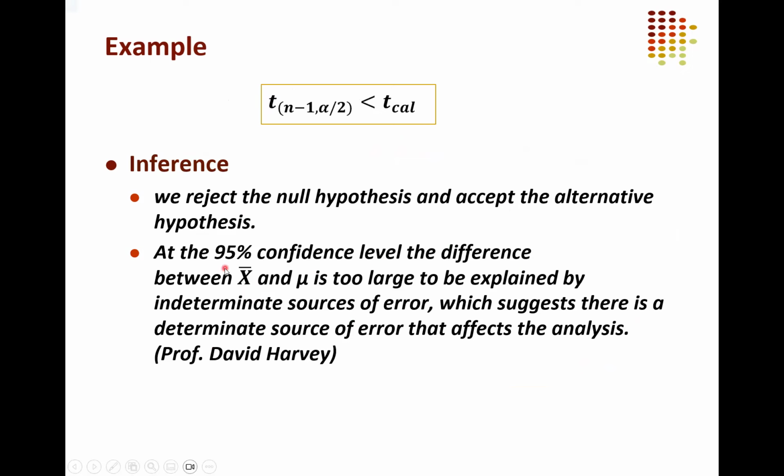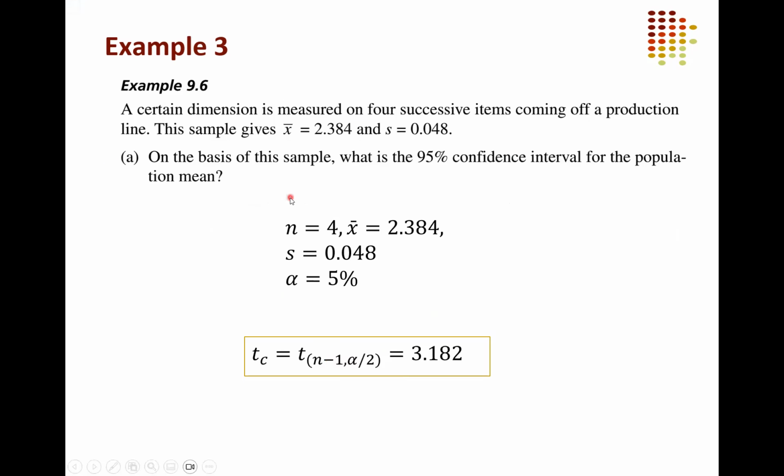So we report the results that at the 95% confidence level, the difference between X bar and mu is too large to be explained by the indeterminate sources of error or random errors, which suggests there is a determinate source of error that affects the analysis. So thanks to Professor David Harvey. Okay, there is another example from our reference book.